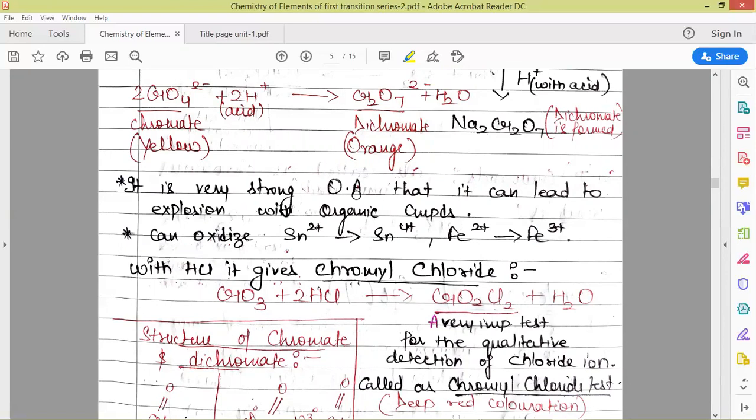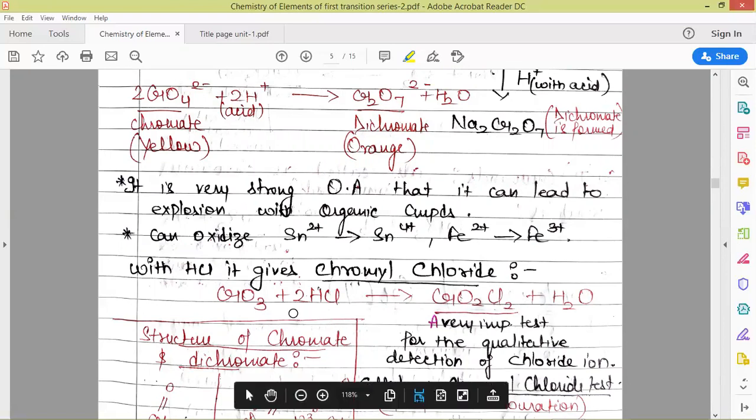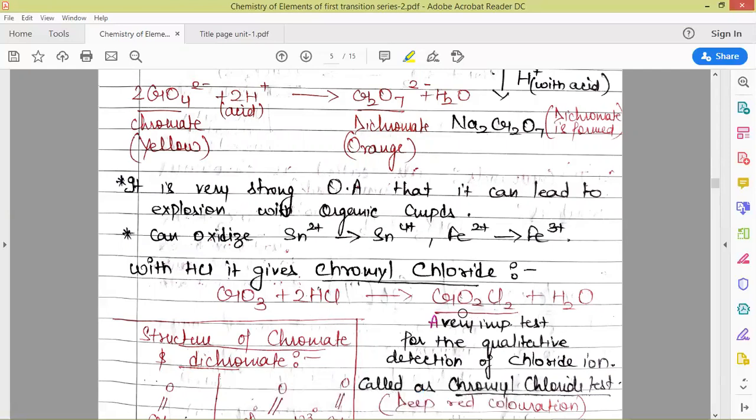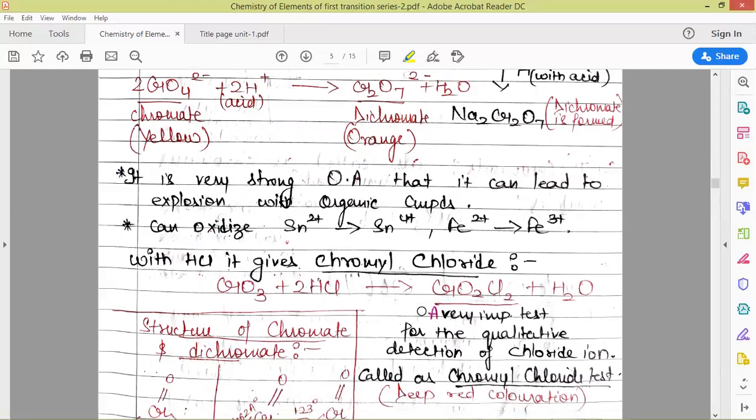It gives a specific reaction with HCl, leading to the formation of chromyl chloride with formula CrO2Cl2. The oxidation state remains the same, +6, but the compound is changed now. With HCl, it gives us chromyl chloride.